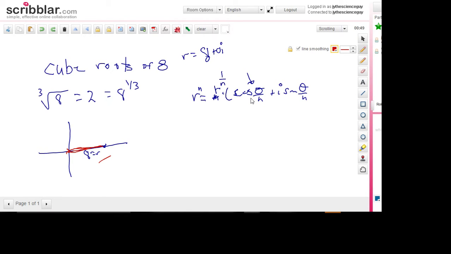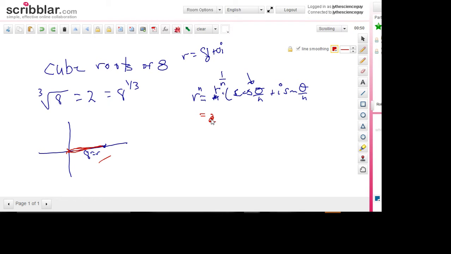Is it from 0 to 2 pi? So I'm going to rewrite this equation. This is 2. I'll rewrite it all the way out.